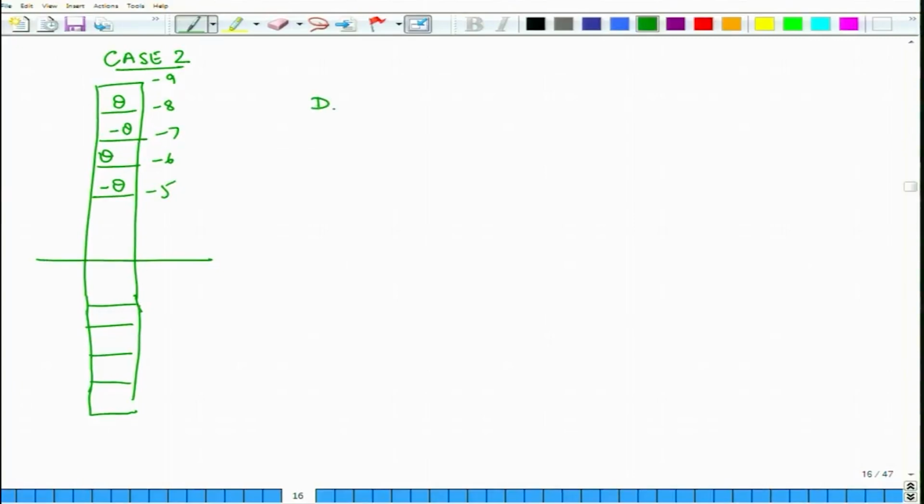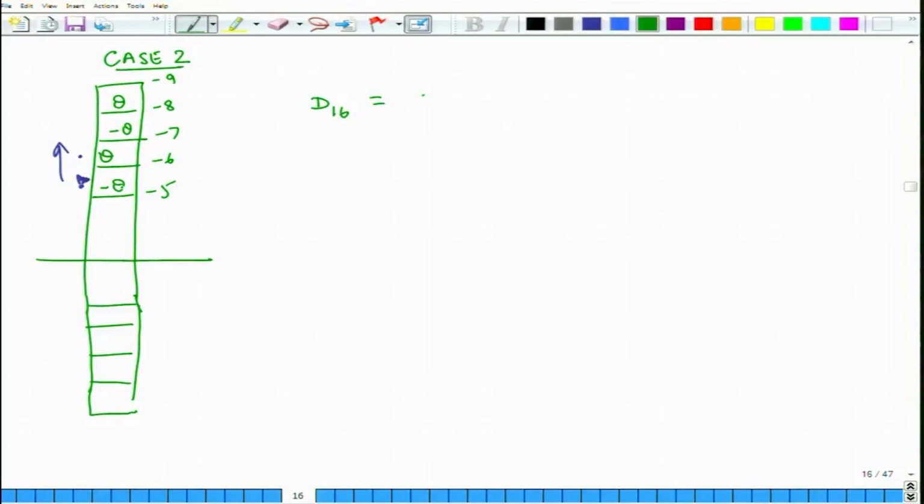So, what will be D16? D16 will be equal to, so let us say this is layer A, so we will start from this.